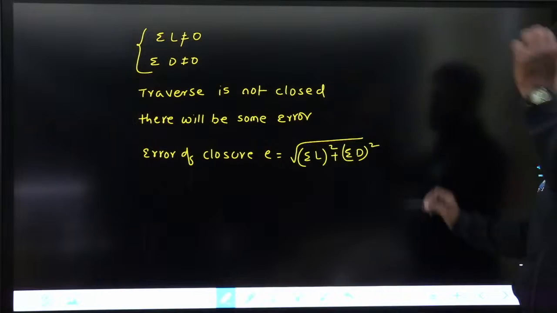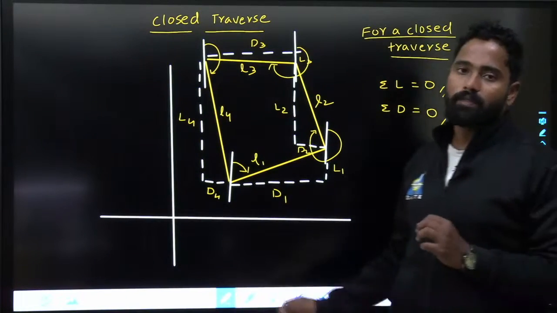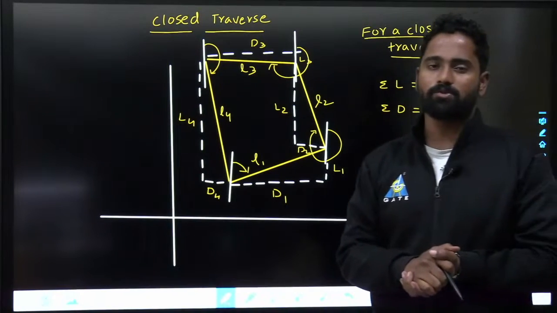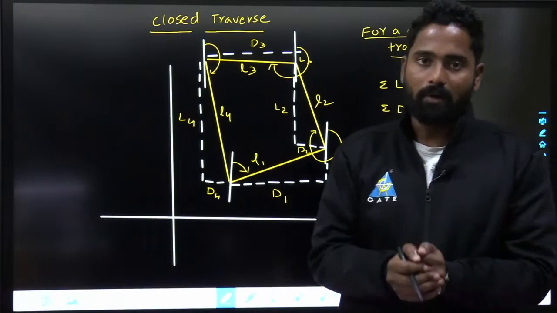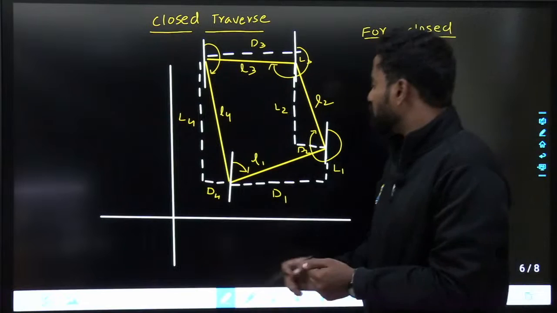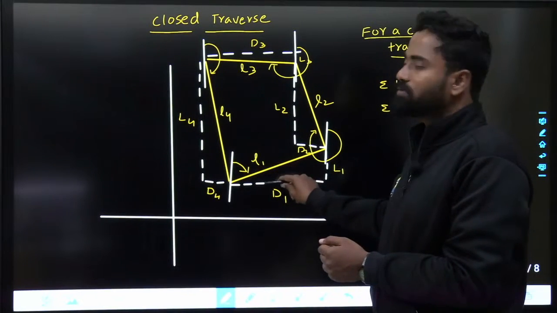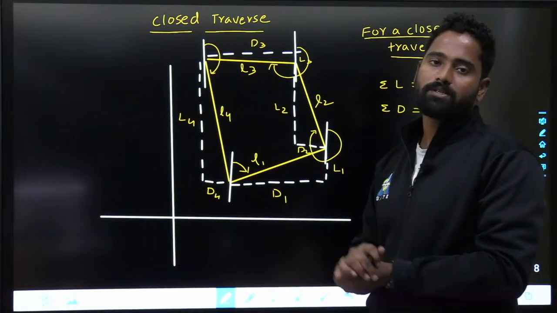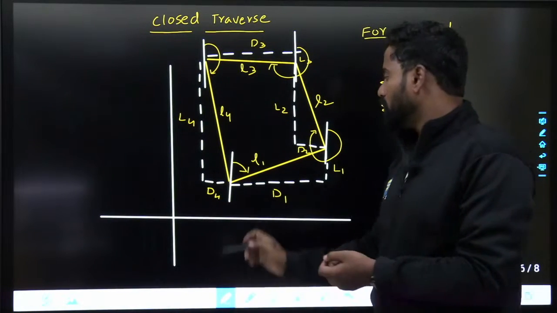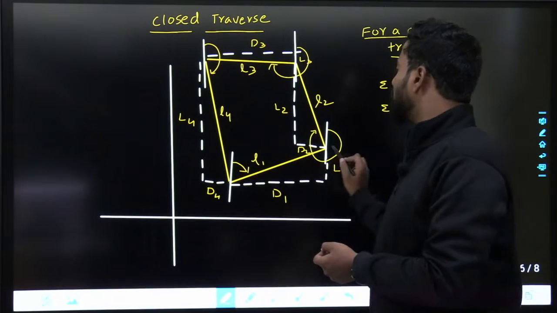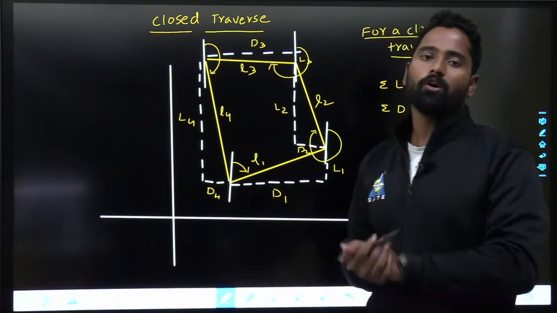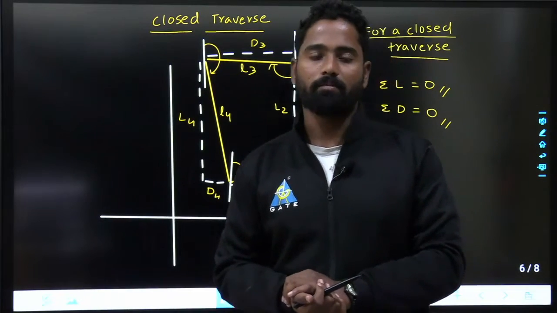So if the traverse is closed, then summation of latitudes equals 0 and summation of departures equals 0. If they ask why it is 0: here some latitudes will be positive, some negative, and some departures positive, some negative. That means wherever you start, it will go and come back to that same point. That's why the summation of latitudes and summation of departures is 0.